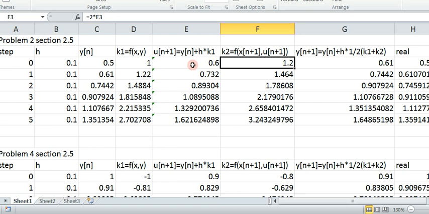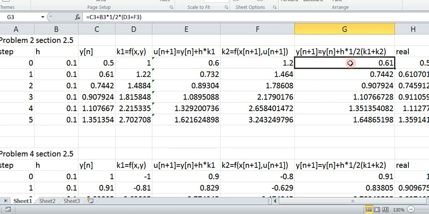It'd be 2e2 because that's to the y guy, and there's the y guy right there. And then we find the last thing, which is yn plus the step times a half times k1 plus k2, and then the real number, 0.5.